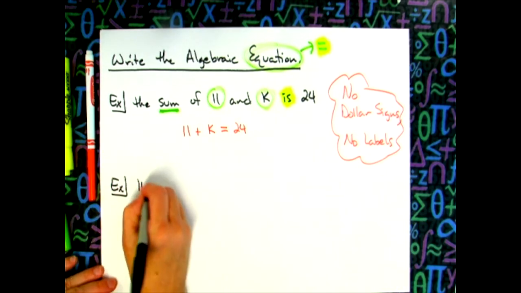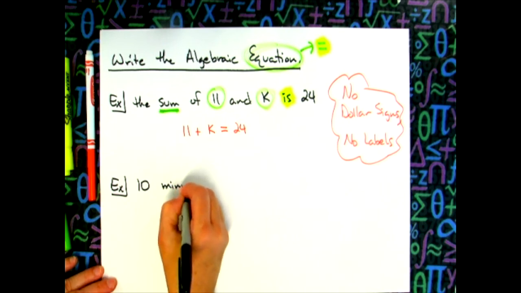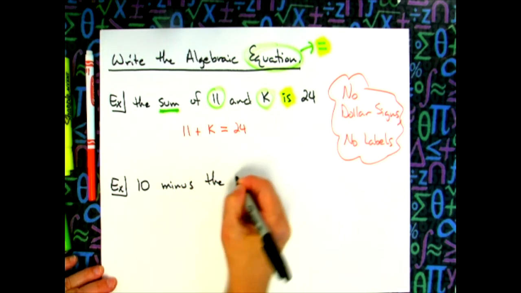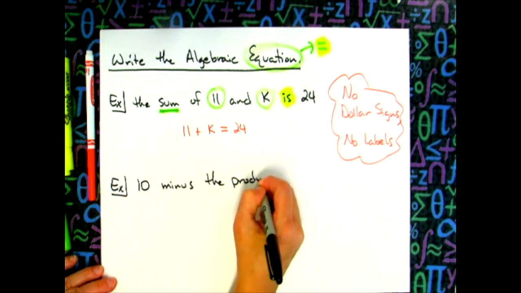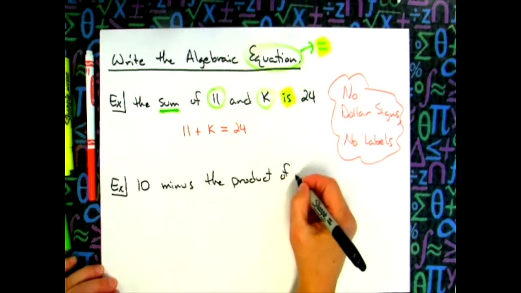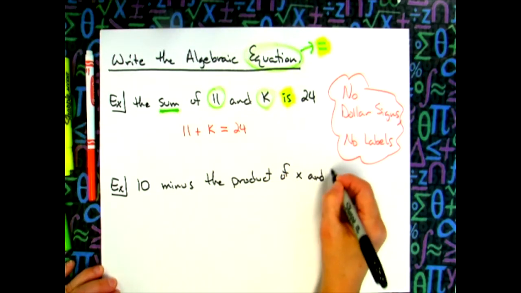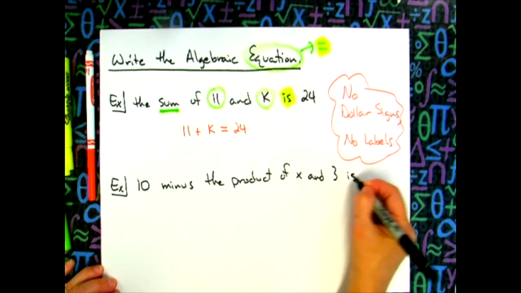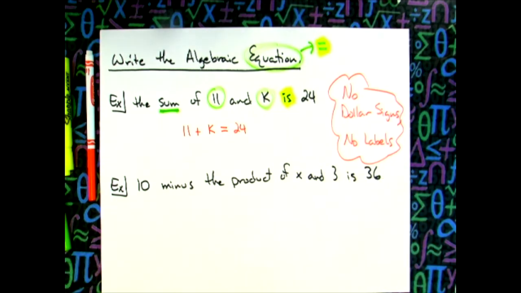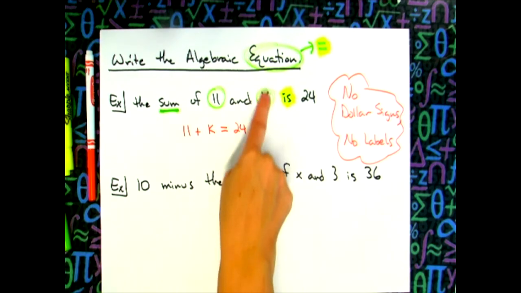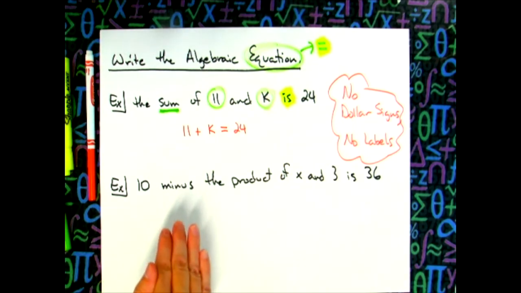Let's say we've got 10 minus the product of x and 3 is 36. In both of these examples, I have given you the variable that you have to use. In that first one, I gave you a K, so your answer has to have a K in it.